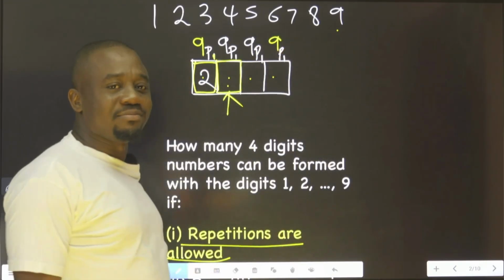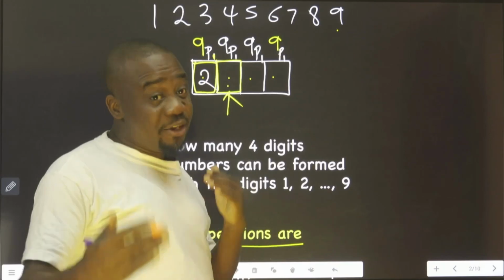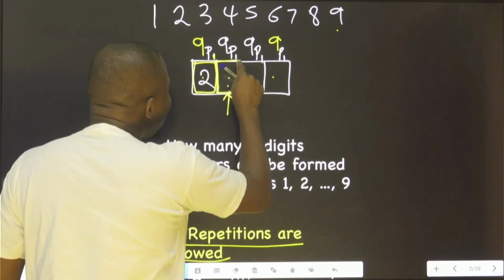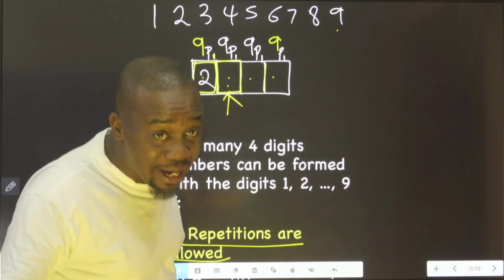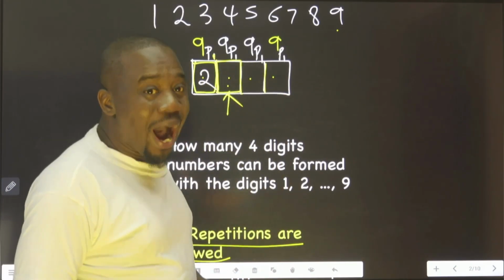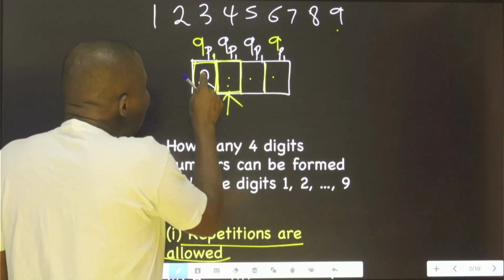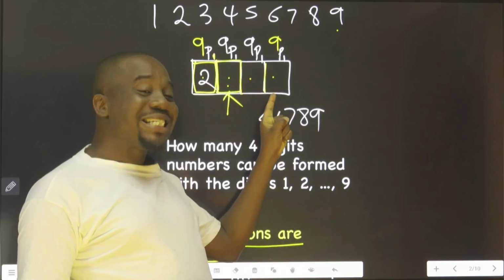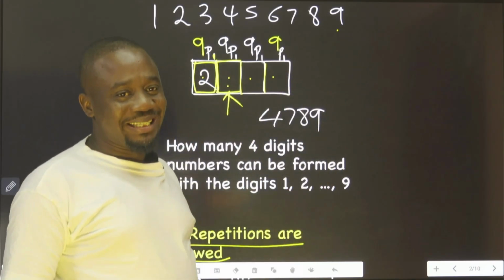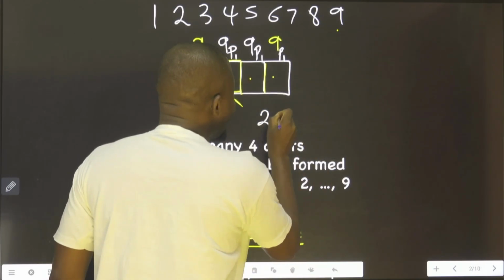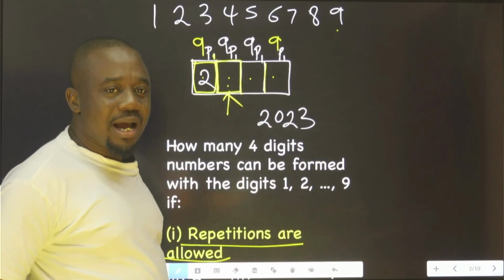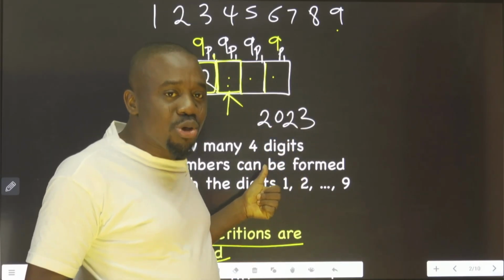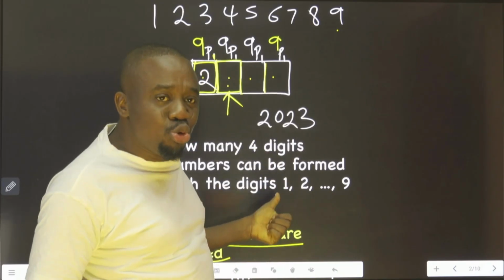If you have been watching my videos, especially on permutations, I said that this demarcation you are seeing here represents multiplication. Why? Because if I write 4, 7, 8, 9, it means 4 and 7 and 8 and 9. Say for instance, 2023. How many digits? You will say 2 and 0 and 2 and 3, not 2 or.